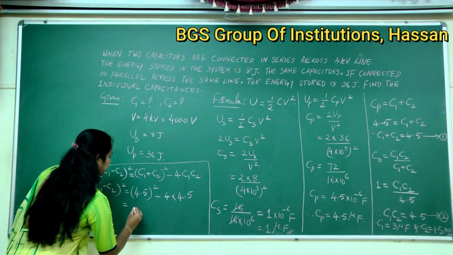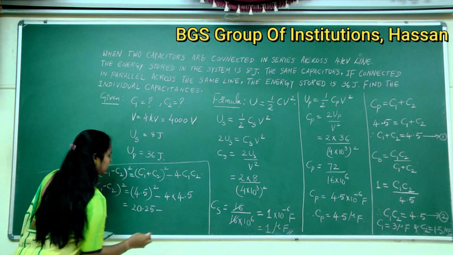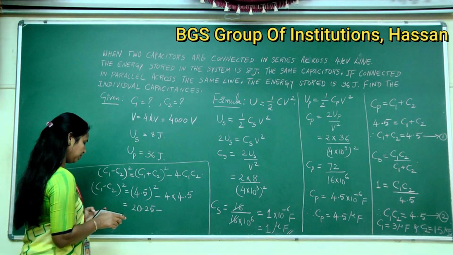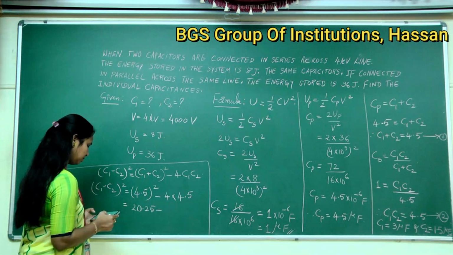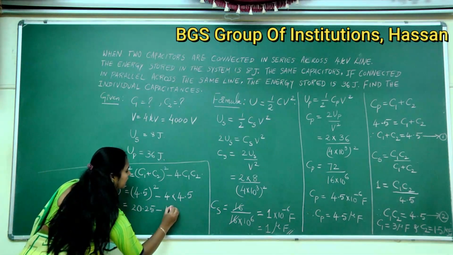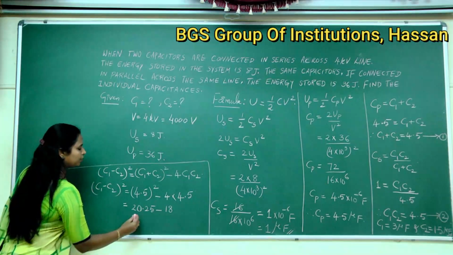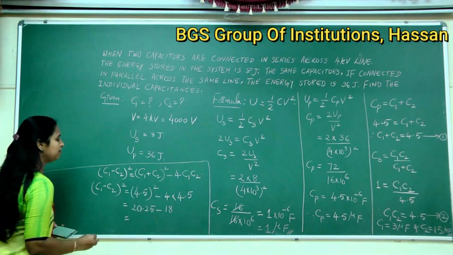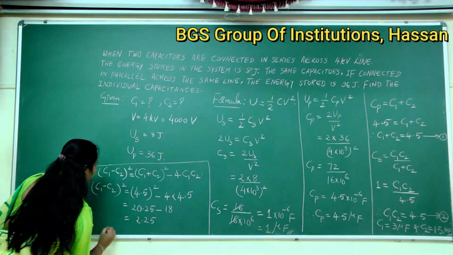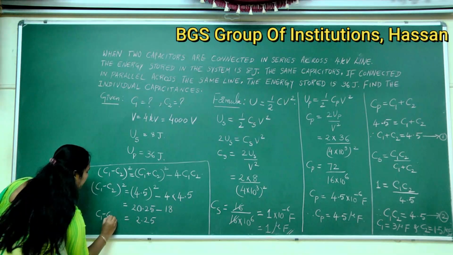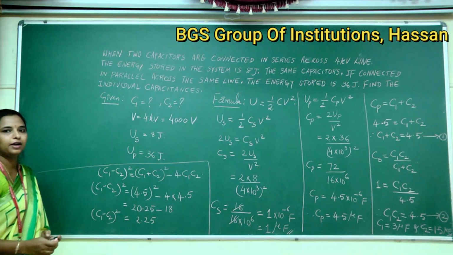Now it is 20.25 minus 4 into 4.5. It is 18. Now subtract the value from 20.25. How much do we have? 2.25. That is C1 minus C2 whole square is equal to 2.25.